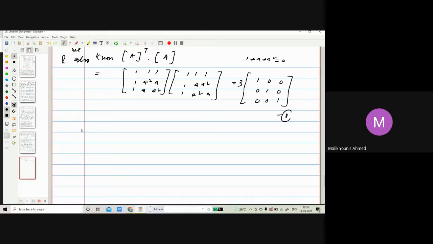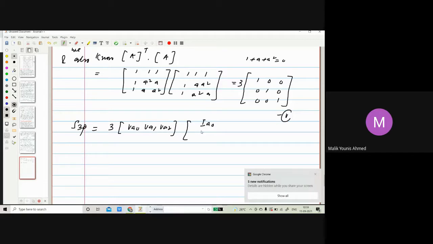So finally, we can write the three-phase complex power is equal to 3 times VA naught, VA1, VA2 multiplied by the conjugate, that means IA naught, IA1, IA2 in conjugate.